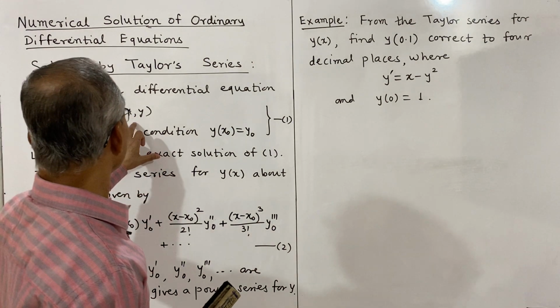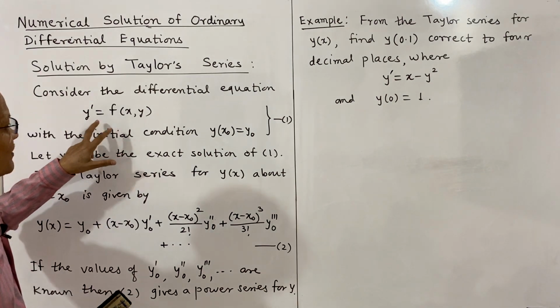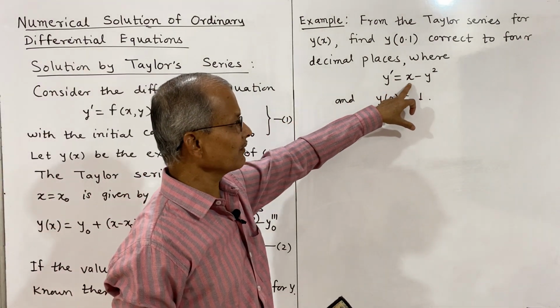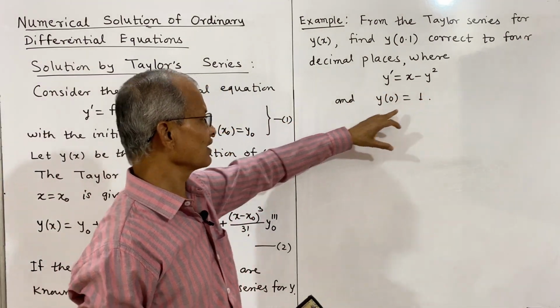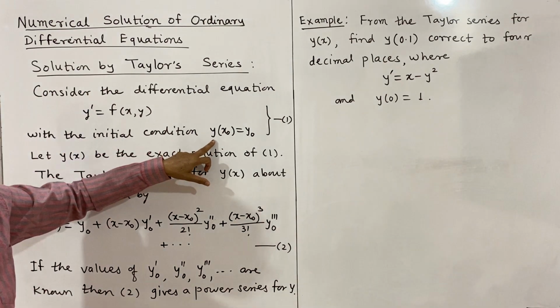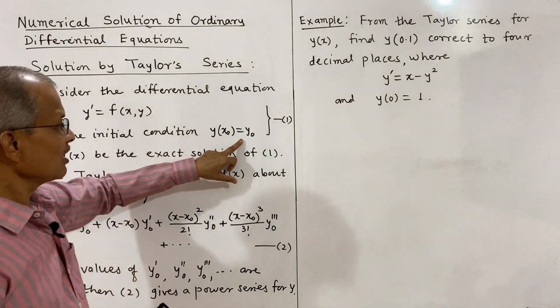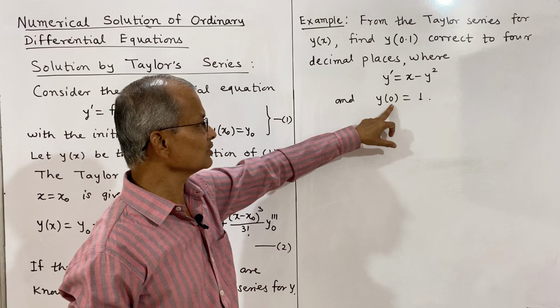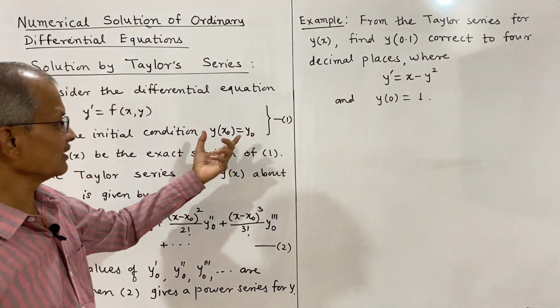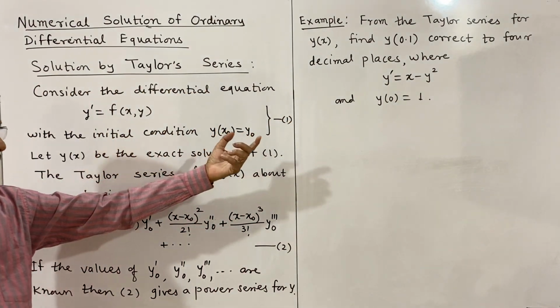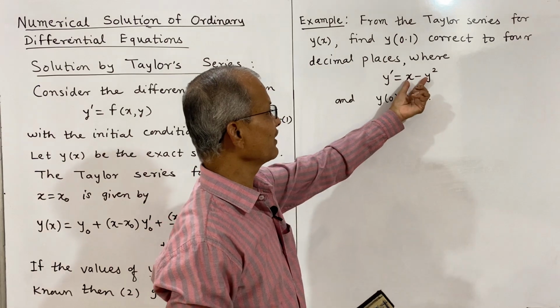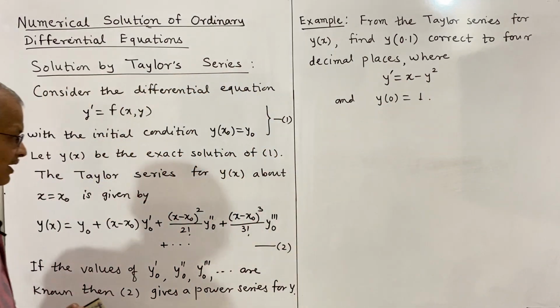If you compare this with the differential equation, the function f of x comma y is x minus y square, and the initial condition is y at x naught is equal to y naught, which means here x naught is equal to 0 and y naught is equal to 1. These are the values of x naught and y naught, and this is the value of the f of x comma y function.